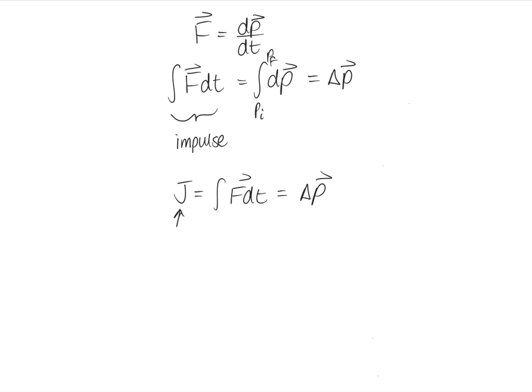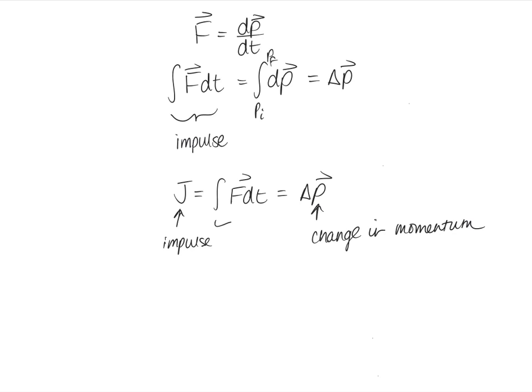This is the impulse. This is the change in momentum. And it's just a different way of looking at Newton's second law. And we're going to be able to use this for some different types of problems.